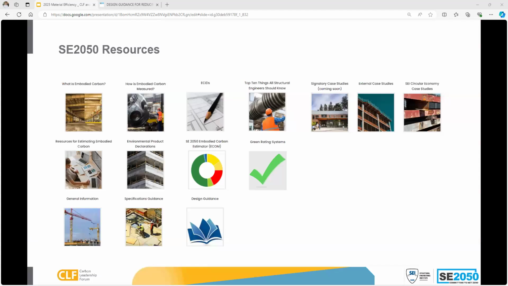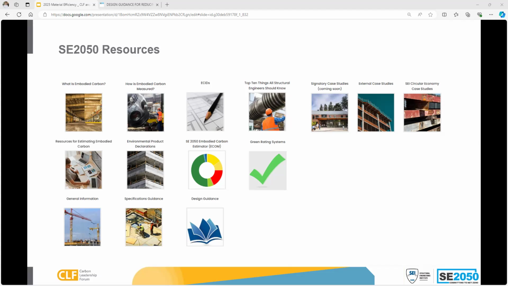So SE2050 provides a lot of resources on the website. So here's a bunch of the content that's provided for structural engineers. It's a two-way commitment, really. So there's expectations for signatory firms to submit data, etc. But SE2050 provides resources to support those signatories.